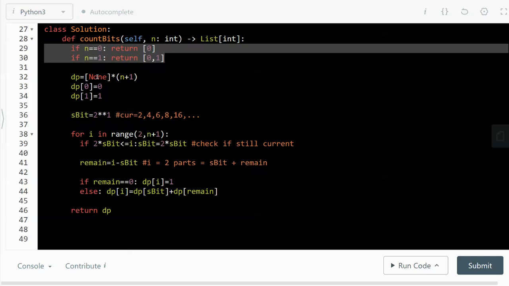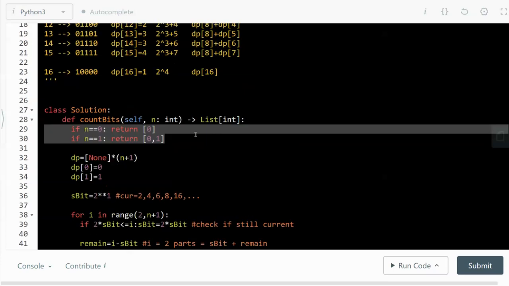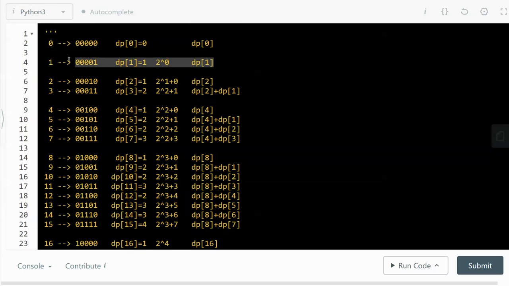I initialize the array to be None, with the number of possible elements in this array. For example, I need n plus 1 because we are counting natural numbers, so it's starting from 0. That's why I need the plus 1. And dp of 0 and dp of 1 equal 0 and 1. So basically, these are the two building blocks over here.